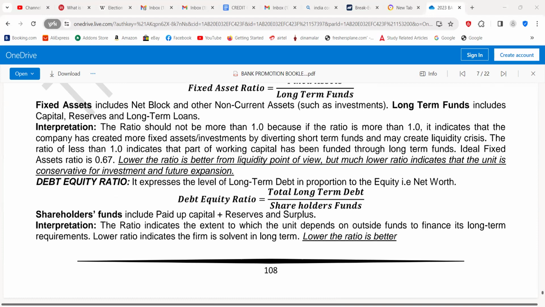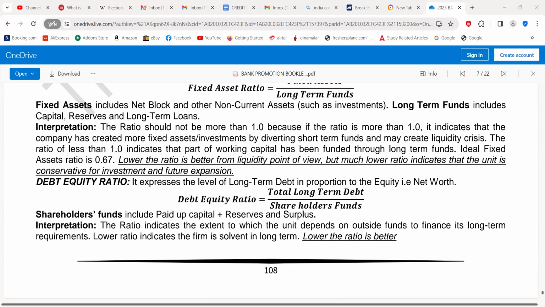Let me see whether I have it here. Maybe it is there in the sheet I have produced also. Central Bank of India Scale 3, South Indian Bank, Federal Bank.